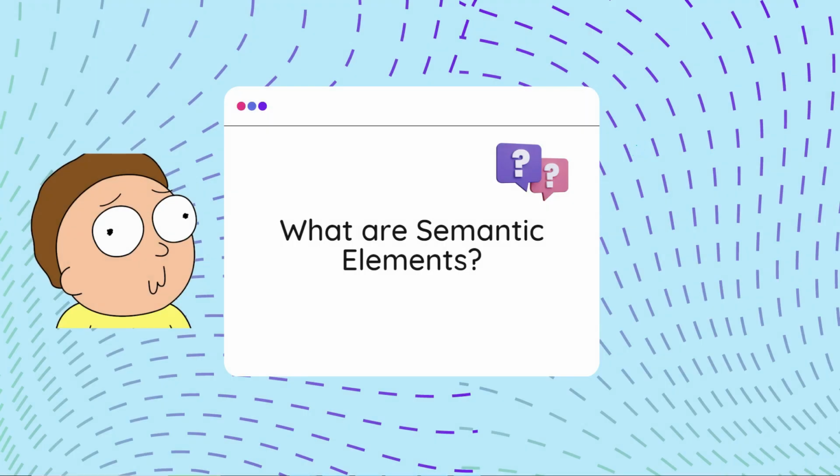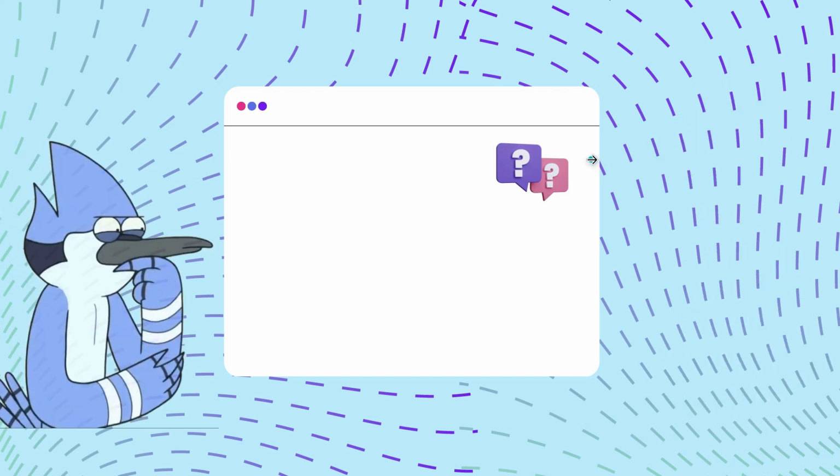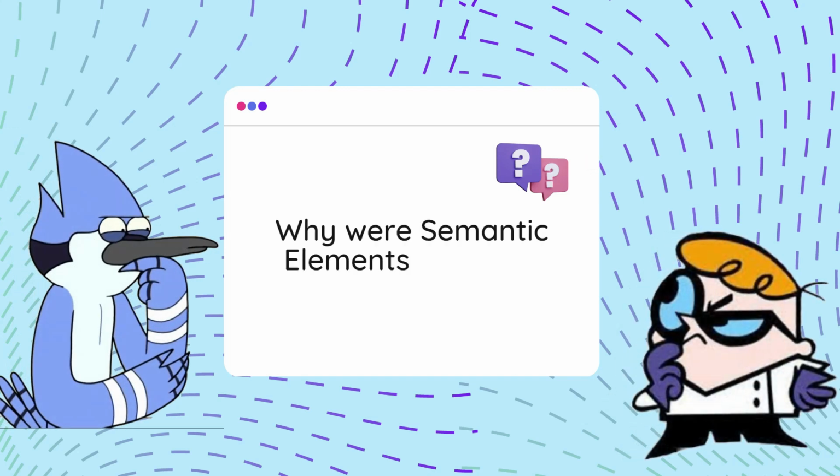So what are semantic elements? Well, semantic elements are those that clearly describe their meaning in a human and machine readable way. In other words, they describe their purpose accurately with the type of content they have. Why were semantic elements created?